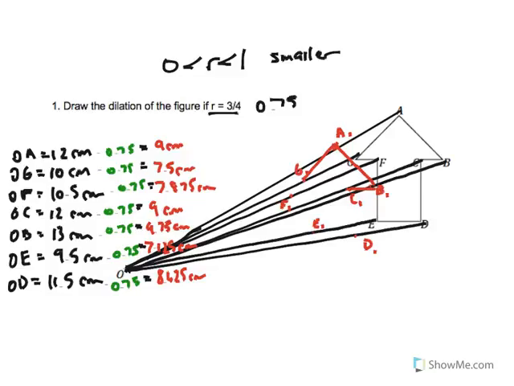F was .875. So F is going to be up right about here. Miscalculated that one.